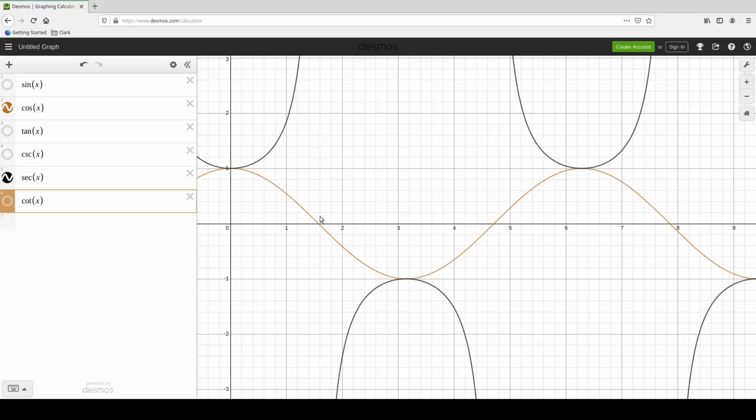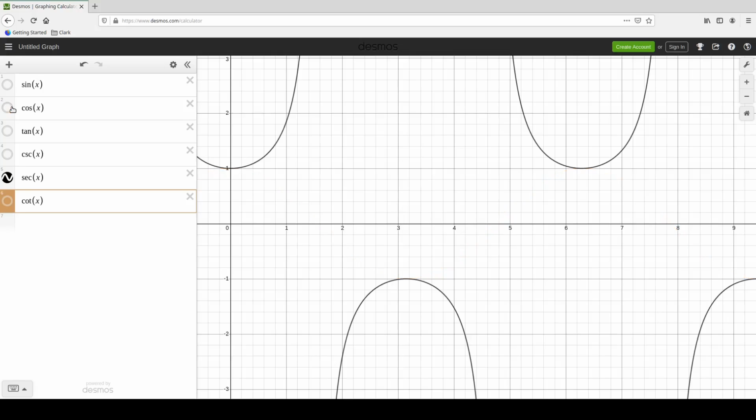At pi over 2 there's an asymptote because cosine is 0 there. And same thing at any other point where cosine is 0. In this case at 3 pi over 2, cosine is 0, and there's an asymptote of the secant function, because secant is 1 over cosine, which is exactly going to give you 1 over 0 at those points.